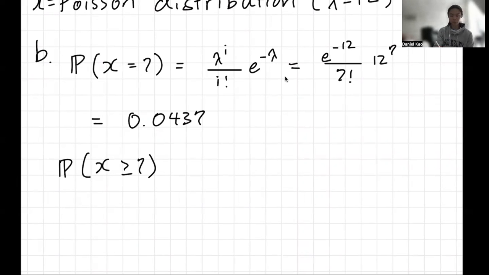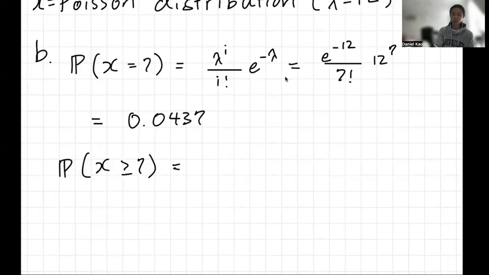One thing to note here is that unlike perhaps a geometric distribution, there is no closed form formula for determining the tail end of a Poisson probability distribution.